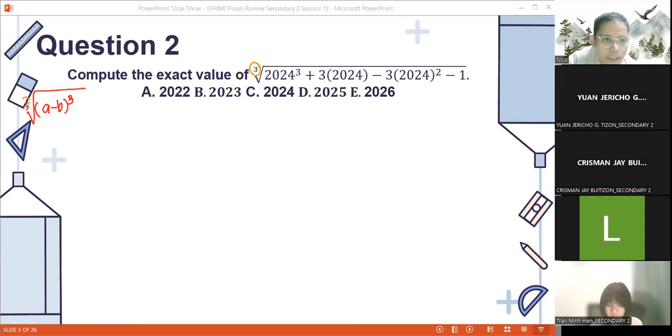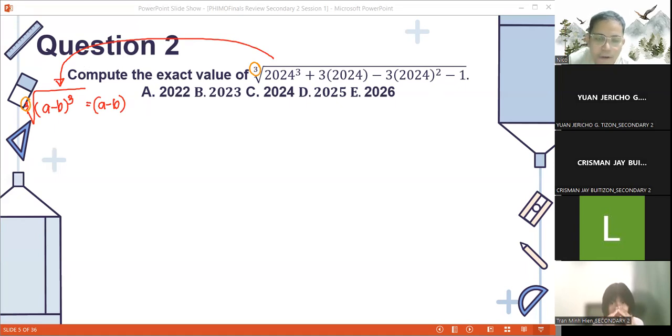To simplify, this is simply equal to A minus B. If what's inside your cube root is a cube, then the answer is just that value. If you have the cube root of 10 cubed, then that's just 10.